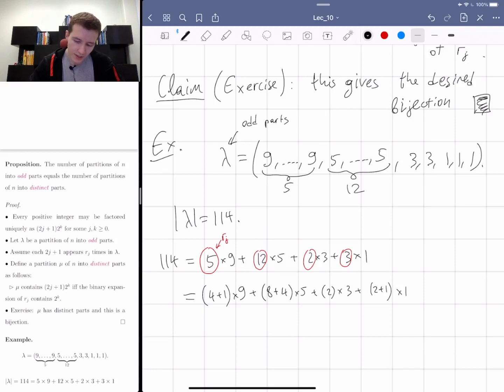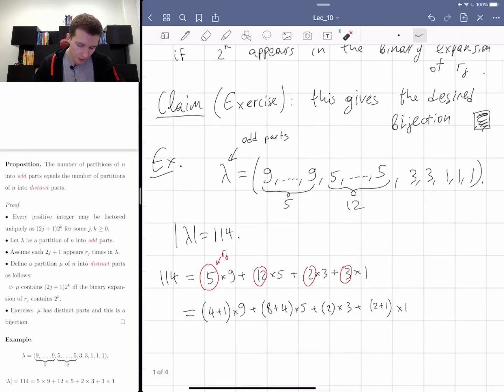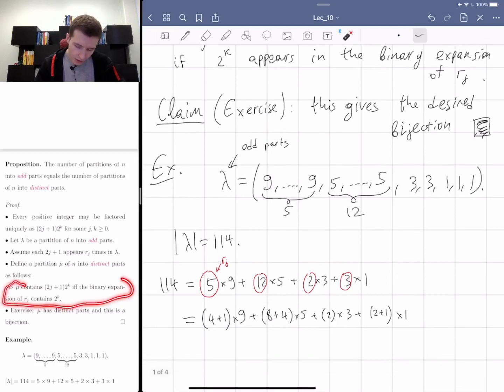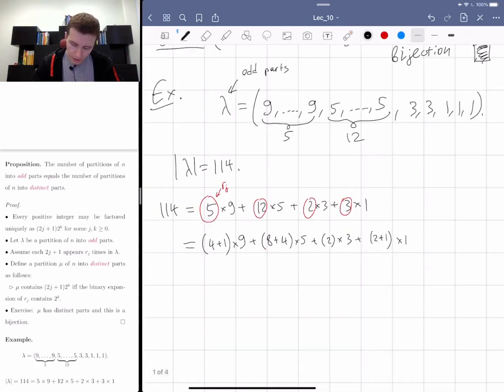This description is kind of involved, but what you actually do is, once you have used the binary expansion, you just open the brackets. So just expand the sum. 4 times 9 is 36. 1 times 9 is 9, plus 40, plus 20, plus 6, plus 2, plus 1.